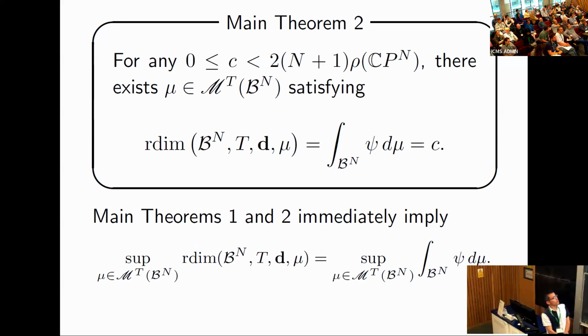This is main theorem 2. Main theorem 2 claims that there are many invariant probability measures attaining the equality in the previous main theorem 1. More precisely, let C be a real number between 0 and this quantity. There is some invariant probability measure mu satisfying this equation: the rate distortion dimension is equal to this integral, and it is equal to C. So there are uncountably many measures mu attaining the equality.